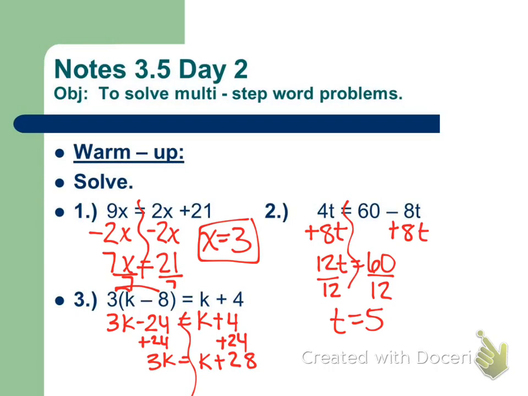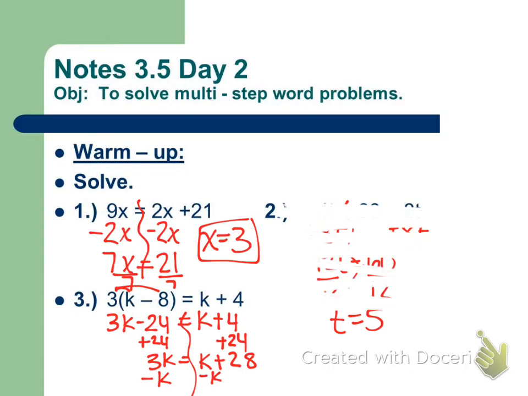Subtract k from both sides. Very good. We got to get all those variables together. I'm going to move on over here to keep going. I've got enough room to show my work.